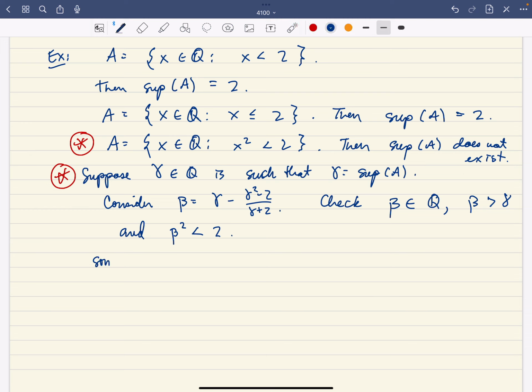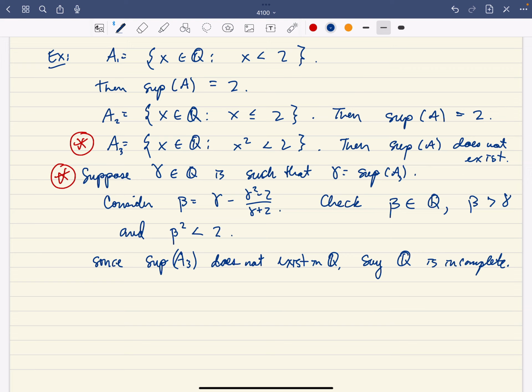Let me give these names A1, A2, A3. Since the supremum of A3 doesn't exist, we say that the rational numbers, this set, is incomplete. And so that's the problem that we're trying to fix.